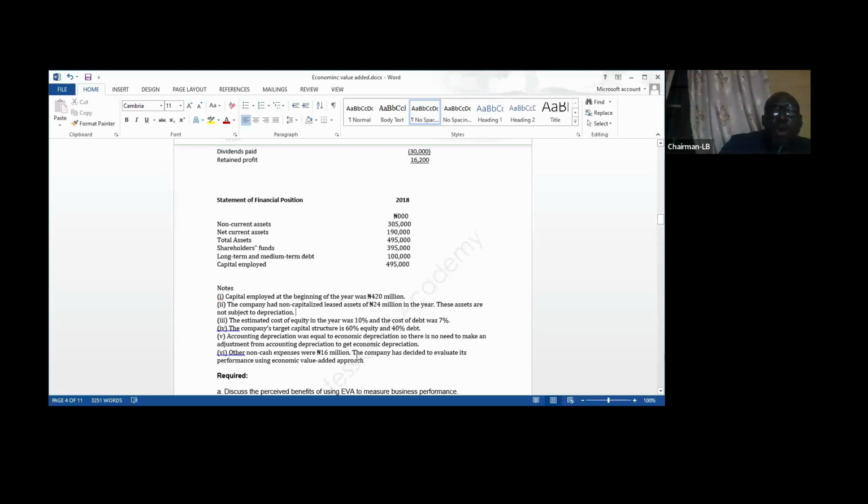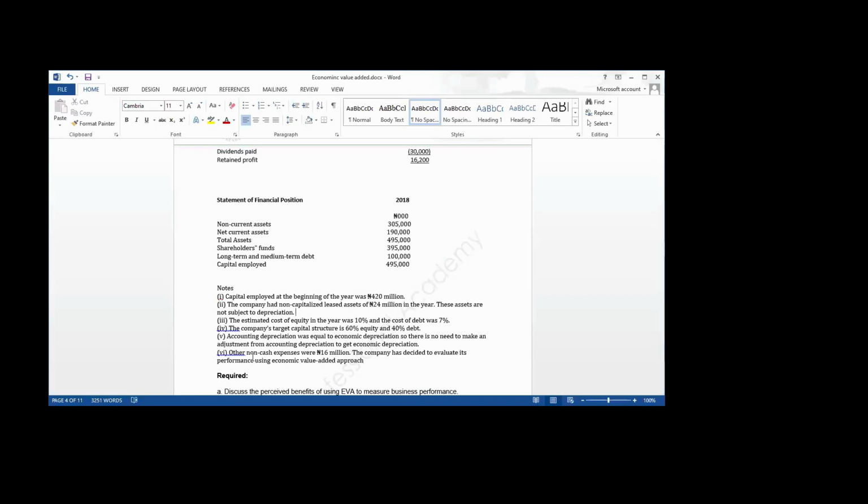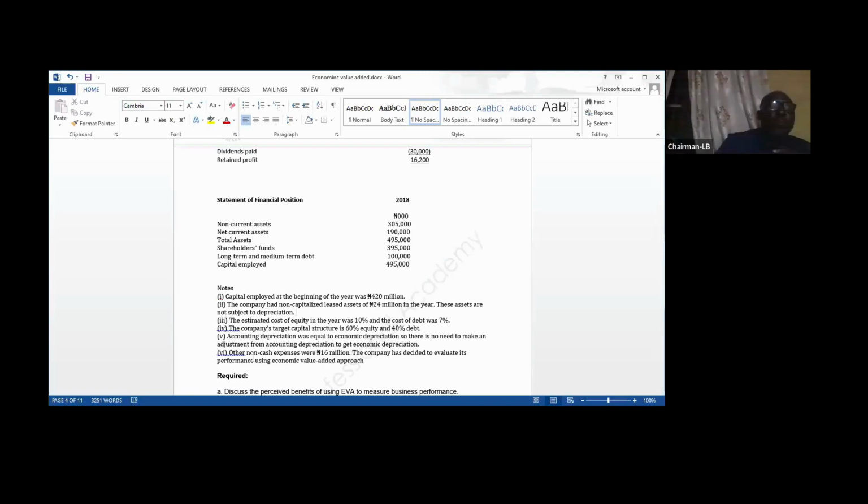Then look at it, non-cash. That means your cash is part of your current asset. This non-cash item, add it back because cash is not involved. That means no cash is leaving the system. We have incurred some expenses, like the example we gave, notional expenses; they fall under non-cash.